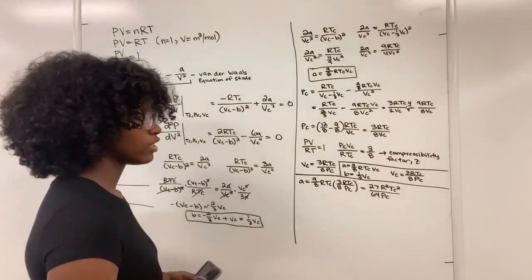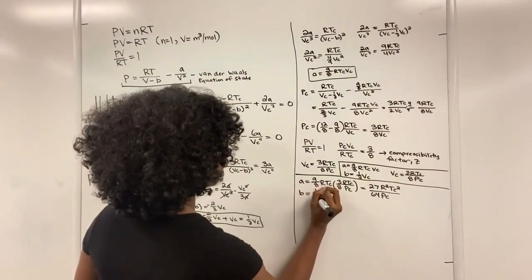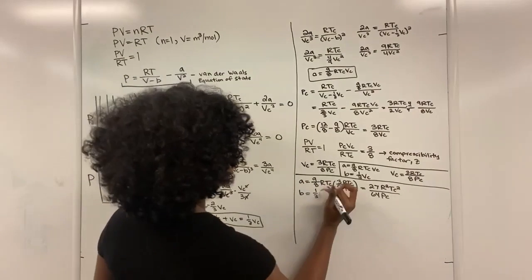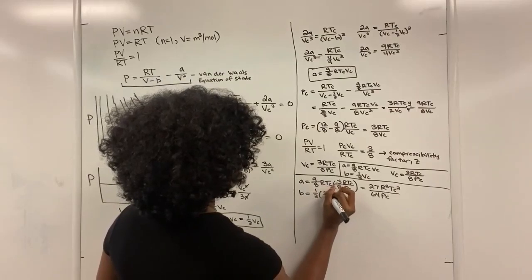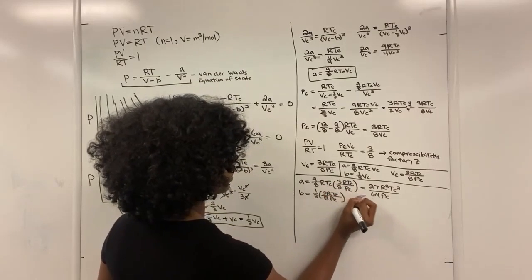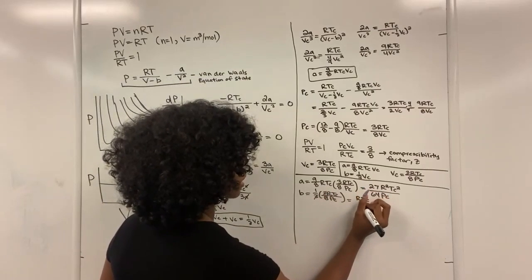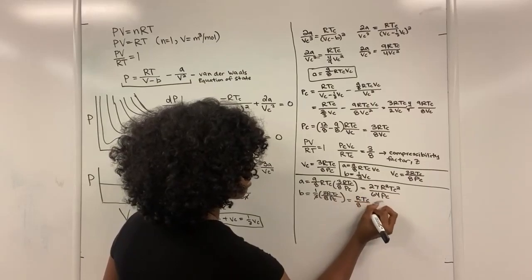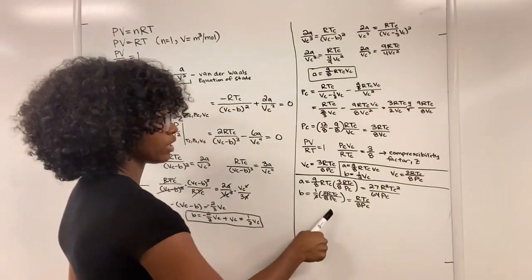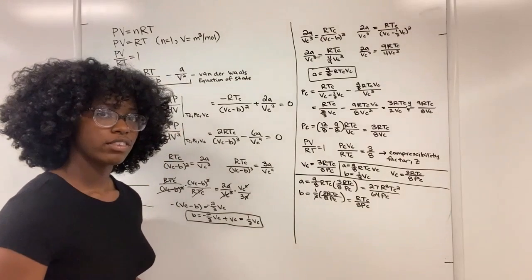And we can do the same for our B term, which will be much more simple, where B is equal to 1/3 of the critical volume, which is equal to 3 times R times the critical temperature divided by 8 times the critical pressure. These 3's will cancel out, so B is equal to R times the critical temperature divided by 8 times the critical pressure.